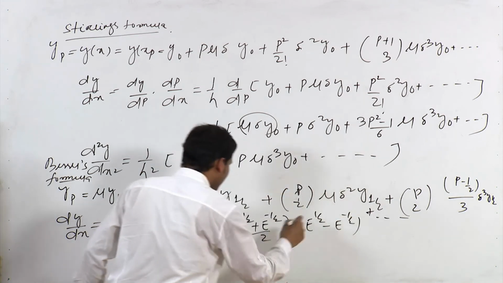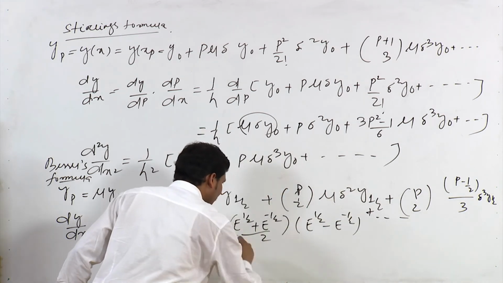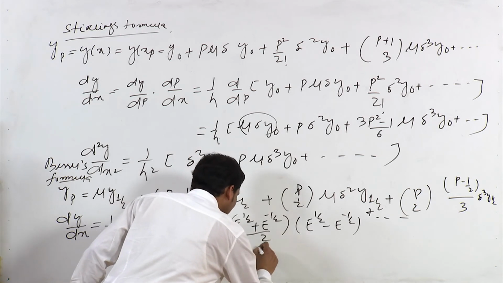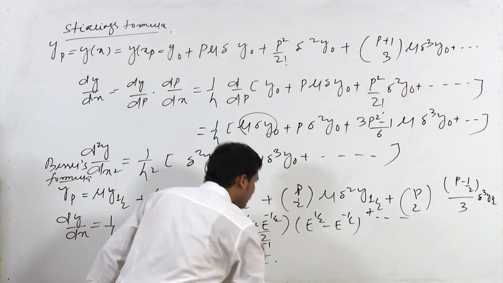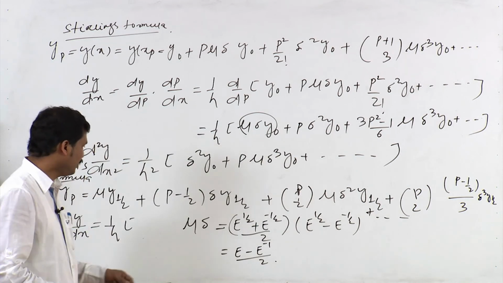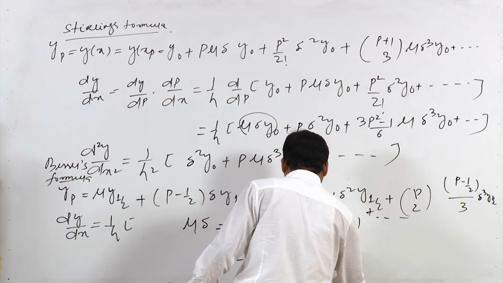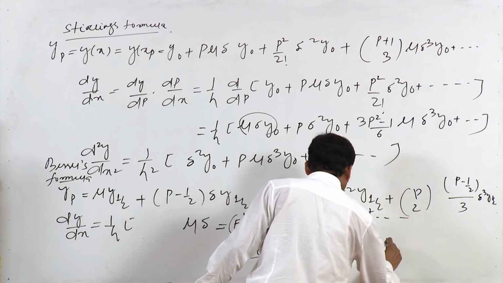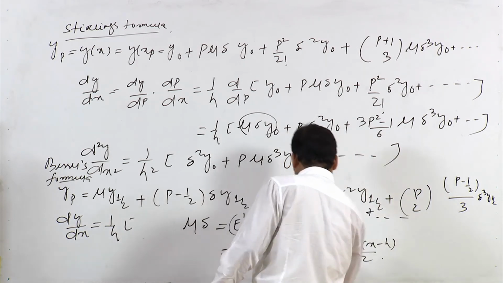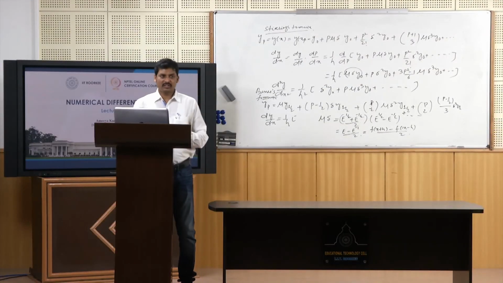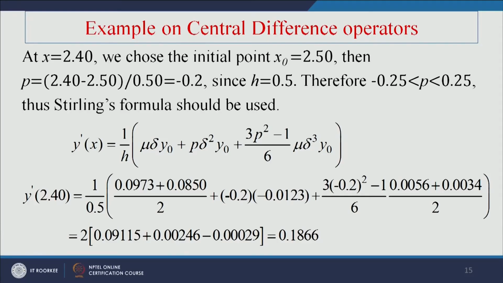If we take the product, we obtain e to the power 1 minus e to the power minus 1 by 2, so obviously we can write this as f of x plus h minus f of x minus h by 2. That is why we use this differentiation, 0.0973 plus 0.0850 by 2. Using all this we obtain the value as 0.1866.